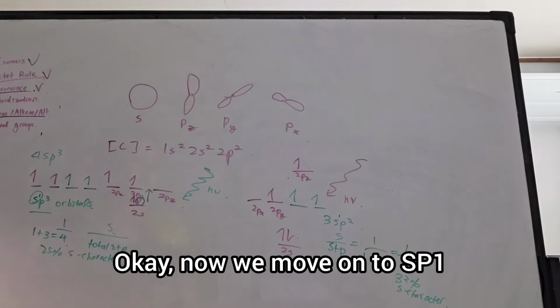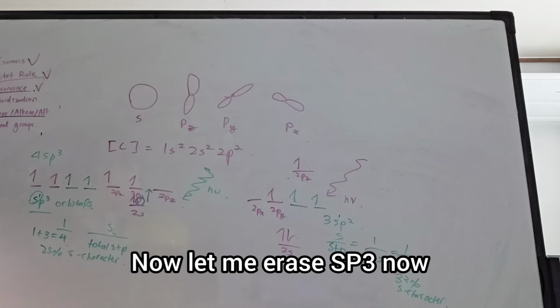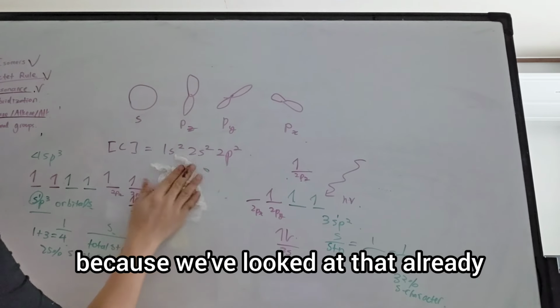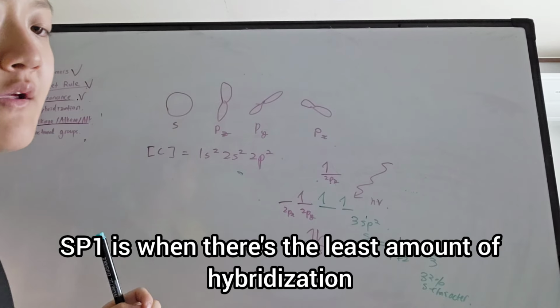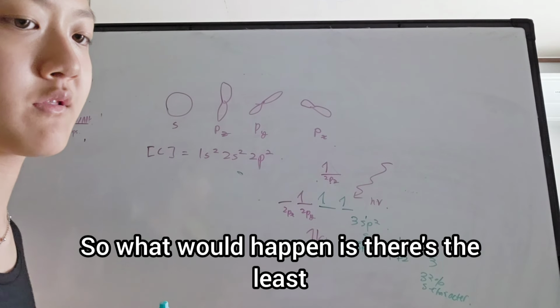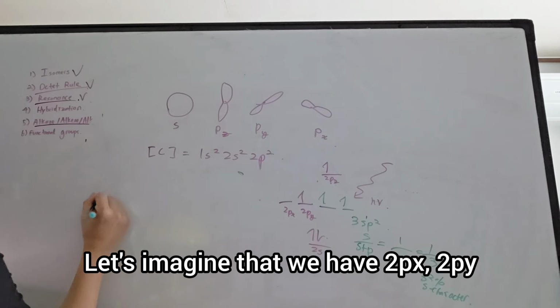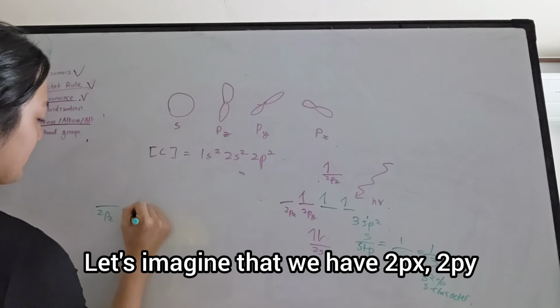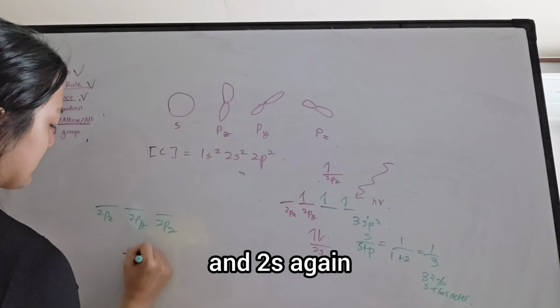Okay, now we move on to sp1. Now, let me erase sp3, because we've looked at that already. sp1 is when there's the least amount of hybridization. So what would happen if there's the least amount of hybridization? Let's imagine that we have 2px, 2py, 2pz, and 2s again.